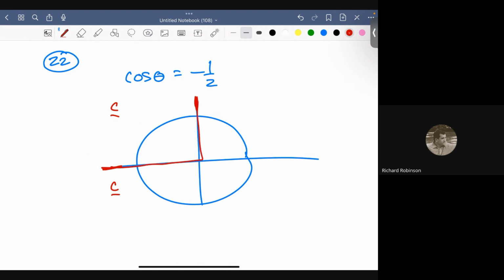So we have a cosine of theta, which is my x-coordinate of negative 1/2. So that means if I go over here and find my reference angle, you're going to have a cosine of theta equal to what over here? Positive 1/2.